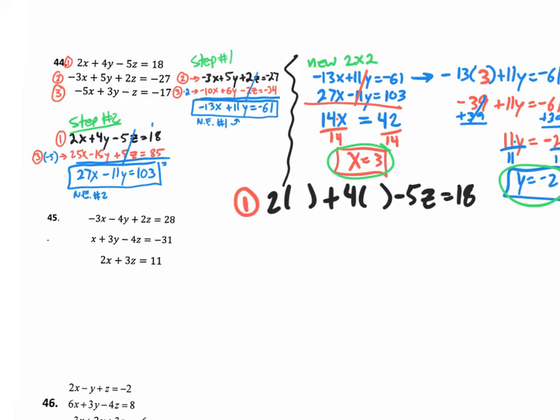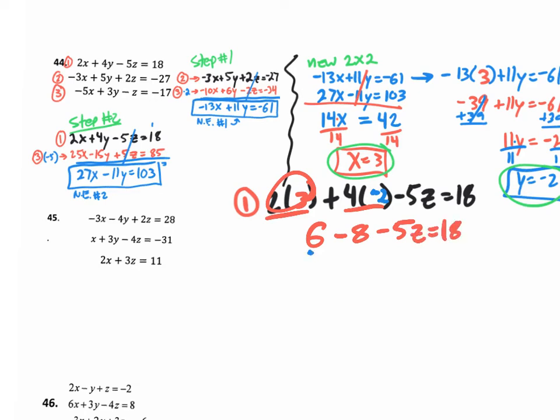I just copied it over, and I'm plugging in the 3 for x and the negative 2 for y. So the 3 for x goes right in there, and the negative 2 for y goes right in there. Now I just need to do the math. 2 times 3 is 6, so that's really a 6. 4 times negative 2 is minus 8, and then minus 5z equals 18.